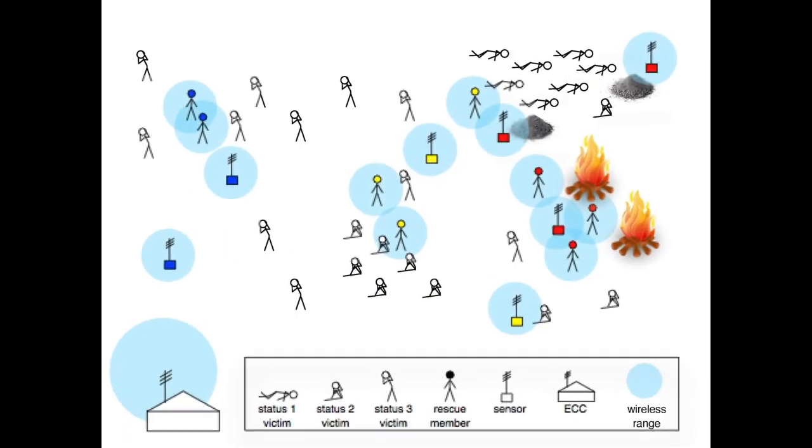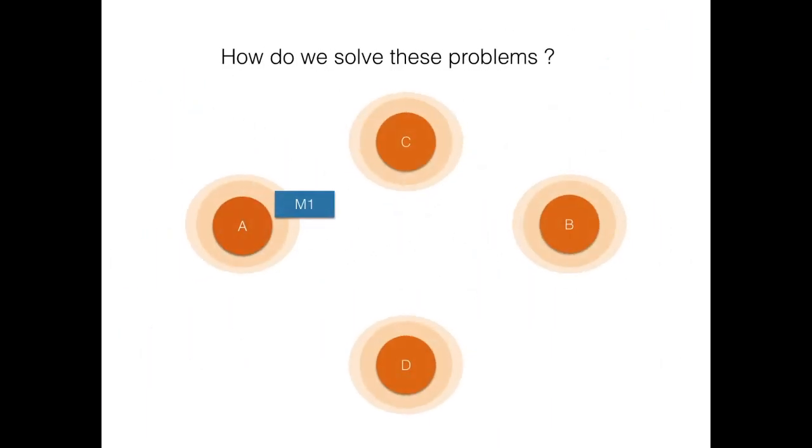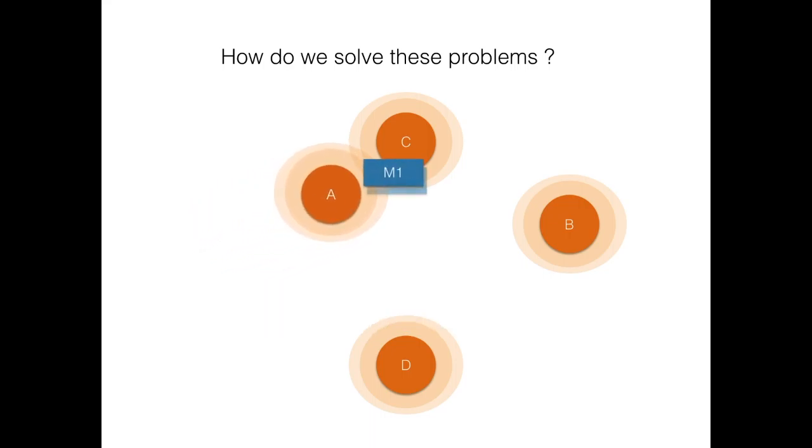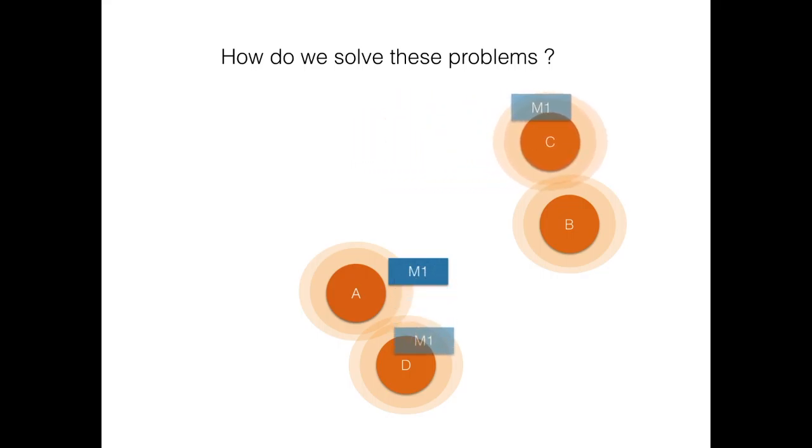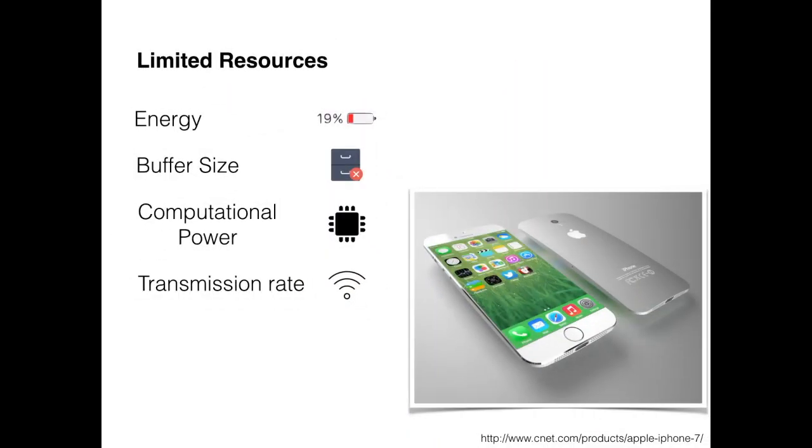DTN may seem like a good network overall, but there are some limitations. Firstly, a node in DTN is a mobile node, which means that it has limited node resources.